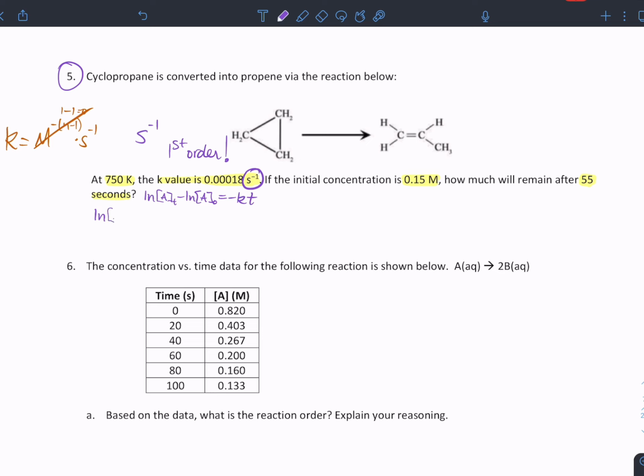So I'm going to find natural log of concentration at our time is going to equal negative kT plus ln of A initial. Okay, so I'm going to plug this in.